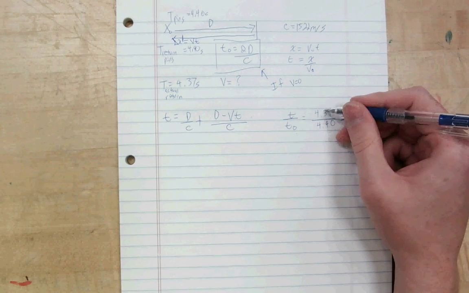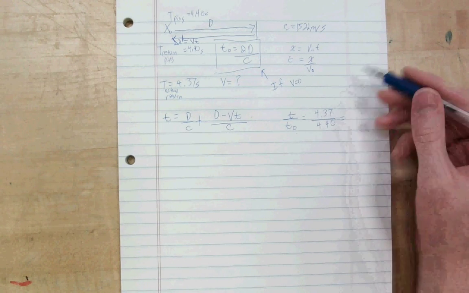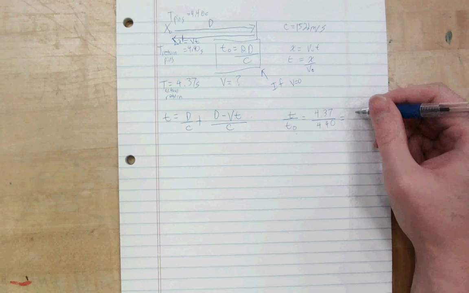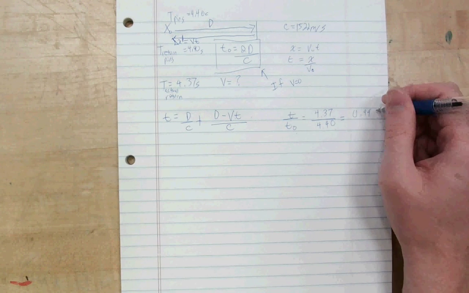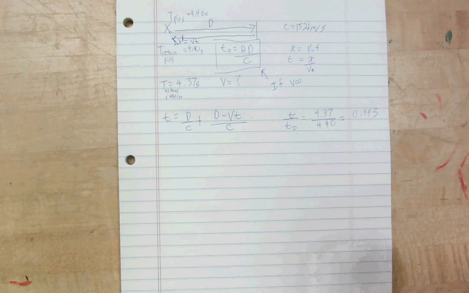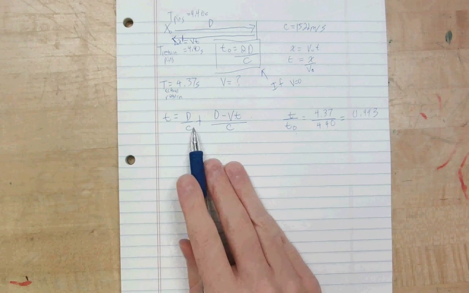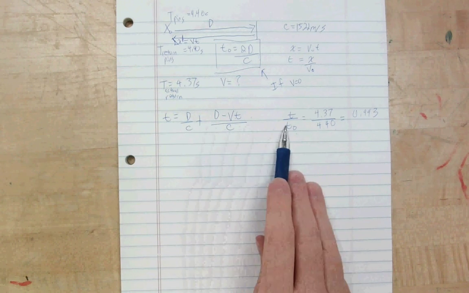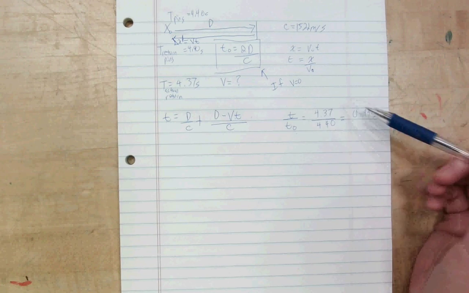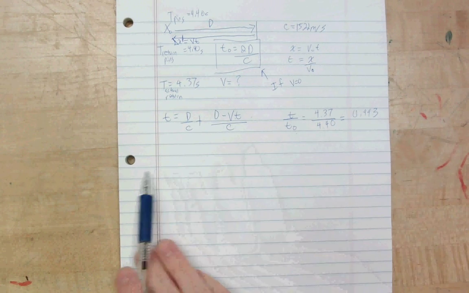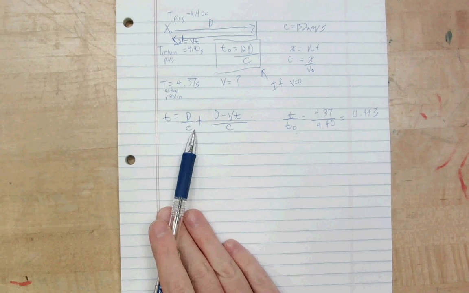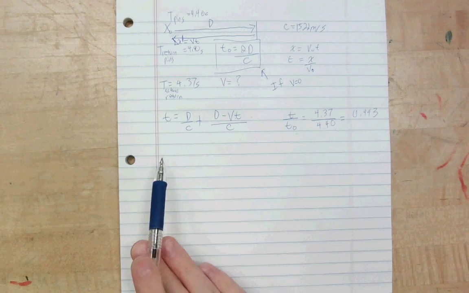And to the reported number of digits here, we have 3 digits. If I do this out, that's 0.993. So if I can somehow get t over t naught, or t naught over t, which would just be 1 over this, into this equation, then things will work out for me.